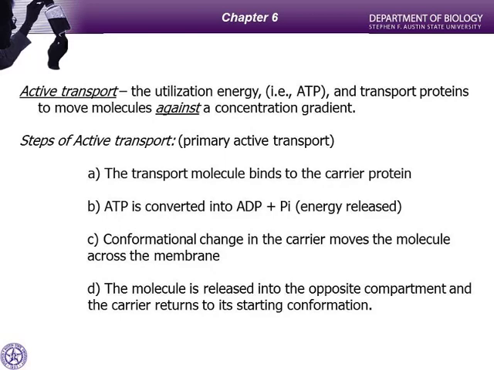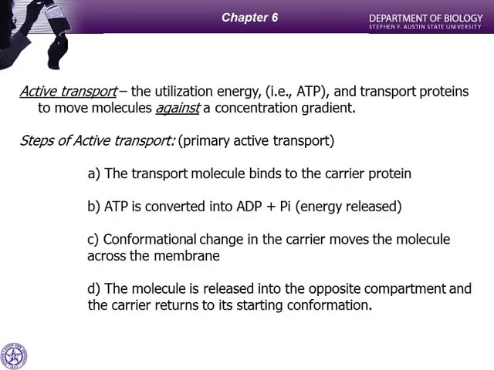So think of the carrier molecule binding like putting the key in your car. With ATP present and that conversion, that's like starting the engine. And because of that energy being released, we are going to get a conformational change in the carrier. That protein changes shape. And as that protein changes shape, it's going to move that molecule, that ion, into or out of the cell.